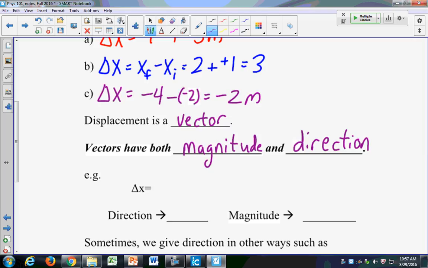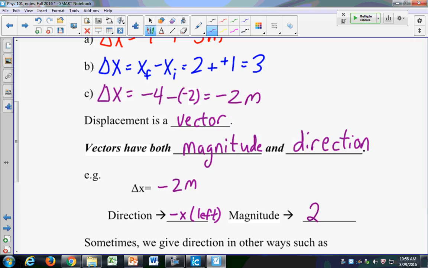Now, what is the magnitude for this? It's going to be 2, right? And the direction is in the negative x direction, or the negative y direction, or what? It's negative x here, I suppose. So if I have delta x equals negative 2 meters, my direction is in the negative x direction. Turns out that's going to be to the left, because of just sort of the way we define coordinate systems. And then the magnitude is going to be 2.